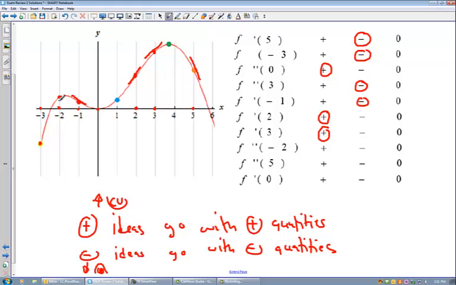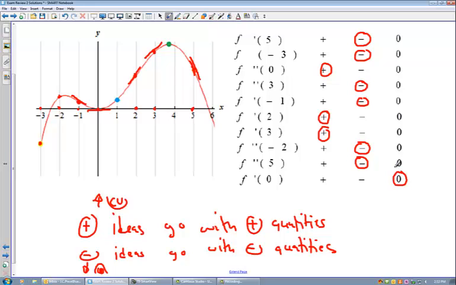Here's minus 2, so I look up, and it's part of a frown, so it's concave down, so it's negative. F double prime of 5, here was 5, you look up here, it's part of a frown, so it's concave down, so it's also negative. And then f prime of 0, that's a little bit of a tricky one. Here there's no rate of change, it's neither increasing nor decreasing, so the derivative is 0.